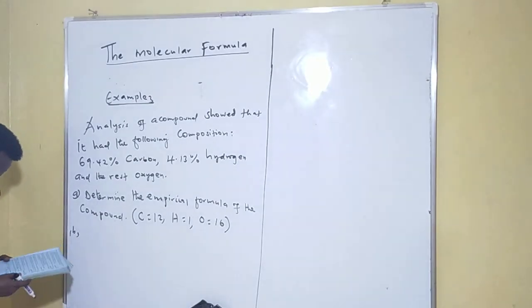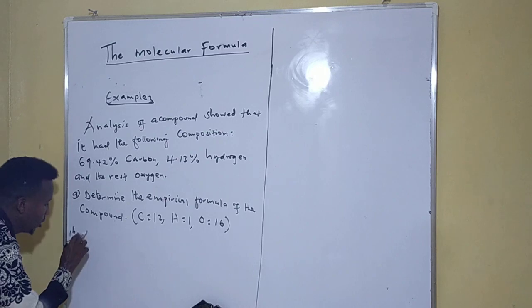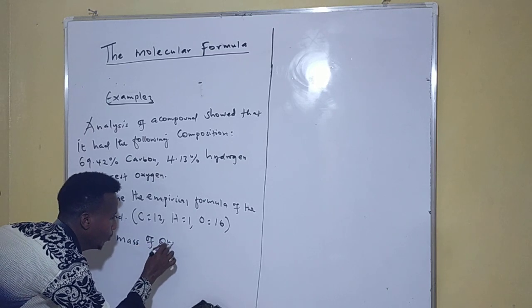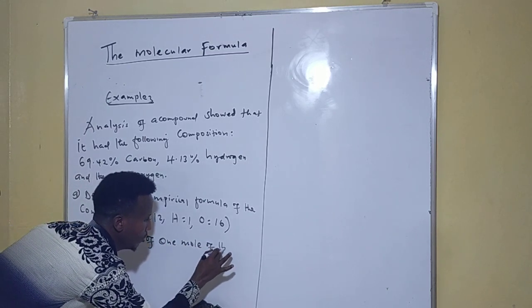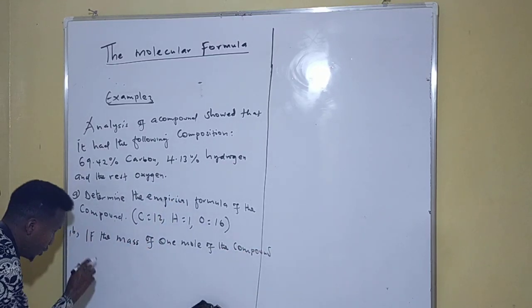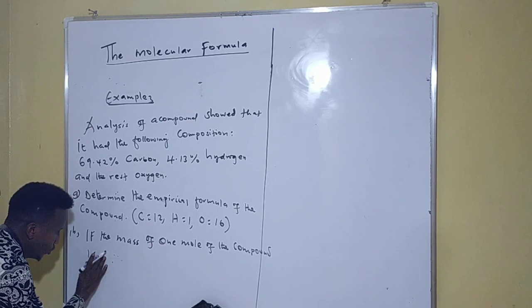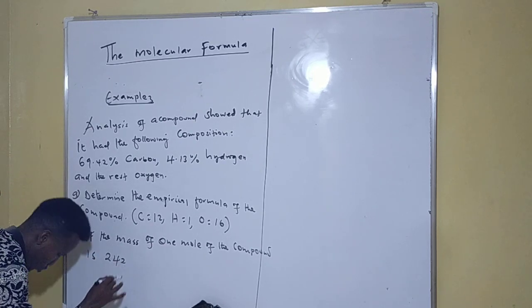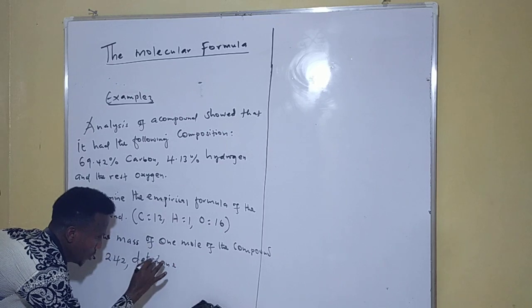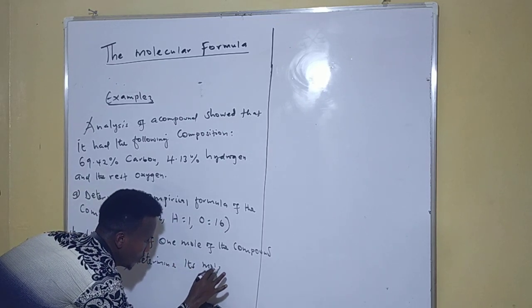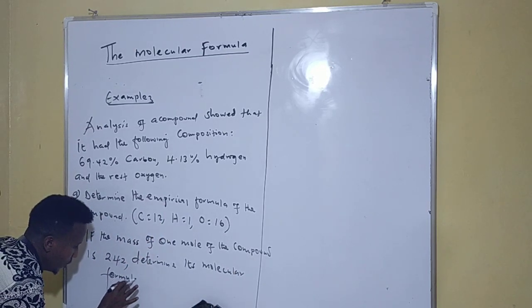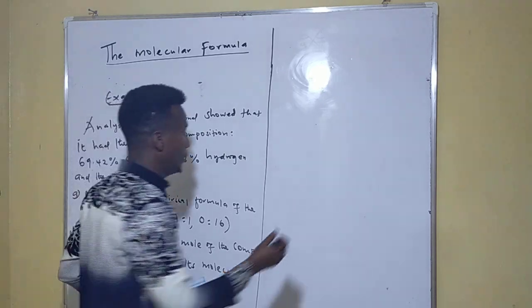Then question B, you are told, if the mass of 1 mole of the compound is 242, determine its molecular formula.